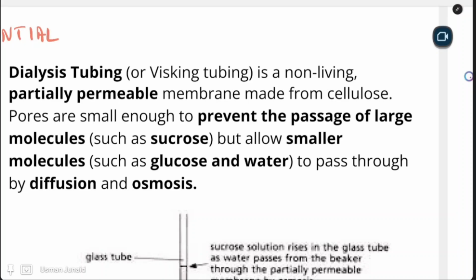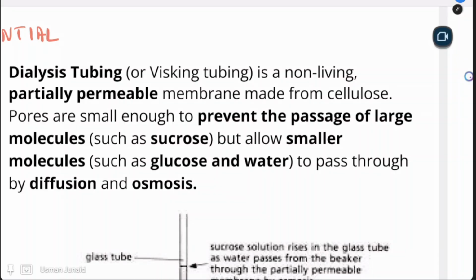They filter out waste material and they take up the important stuff back, right? So they have their own functions, they can take stuff up, they can release stuff out.